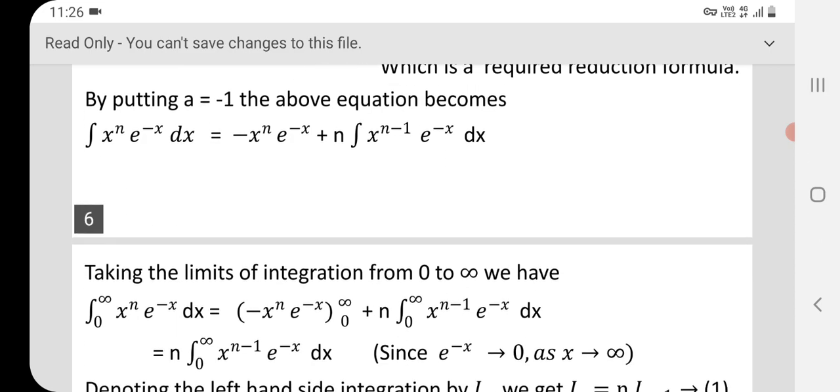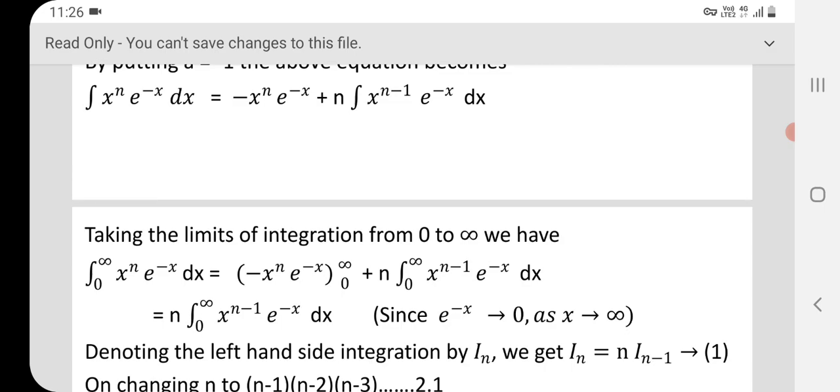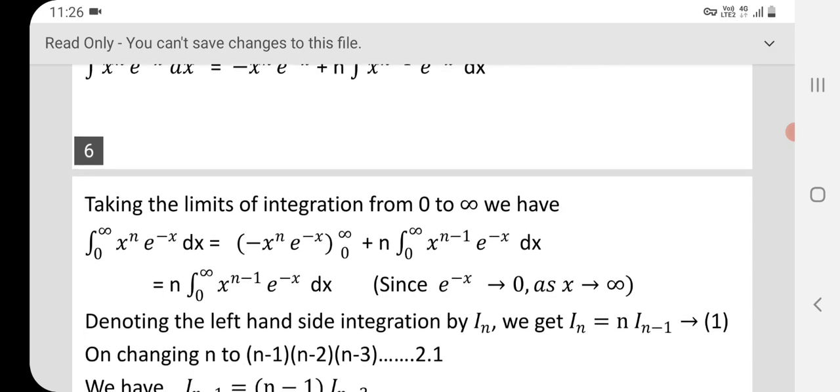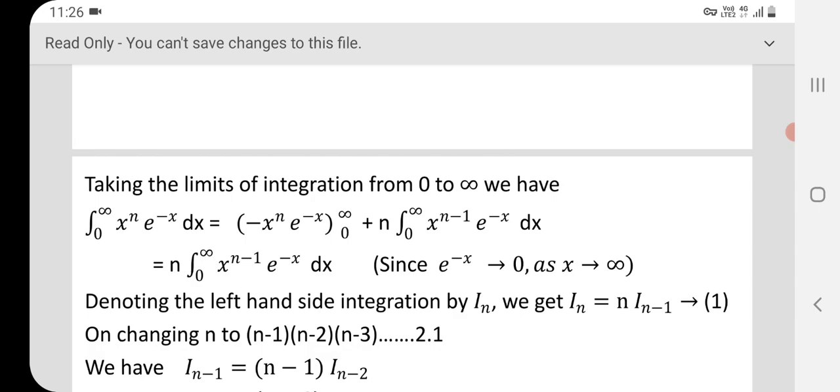Taking the limits of integration from 0 to infinity, we have integration from 0 to infinity of x power n into e power minus x with respect to x equals minus x power n into e power minus x with limits from 0 to infinity, plus n into integration from 0 to infinity of x power n minus 1 into e power minus x dx.